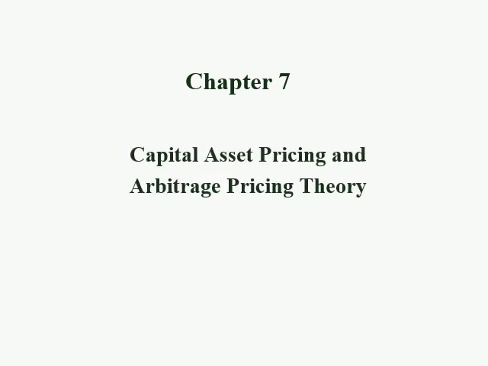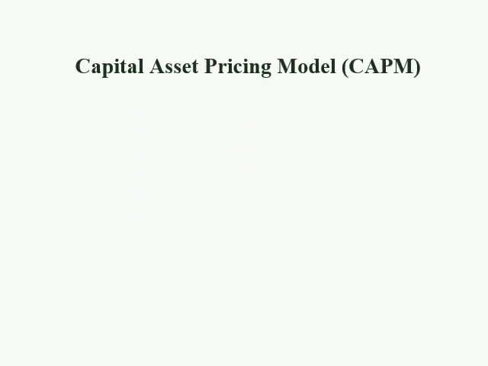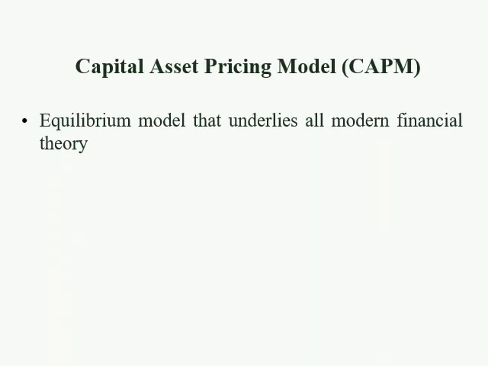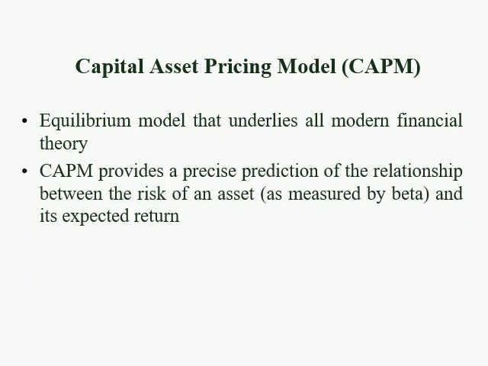Now we'll start with chapter 7, that is capital asset pricing and arbitrage pricing theory. Capital asset pricing model, CAPM, is an equilibrium model that underlies all modern financial theory. CAPM is the basis of many modern financial theories.